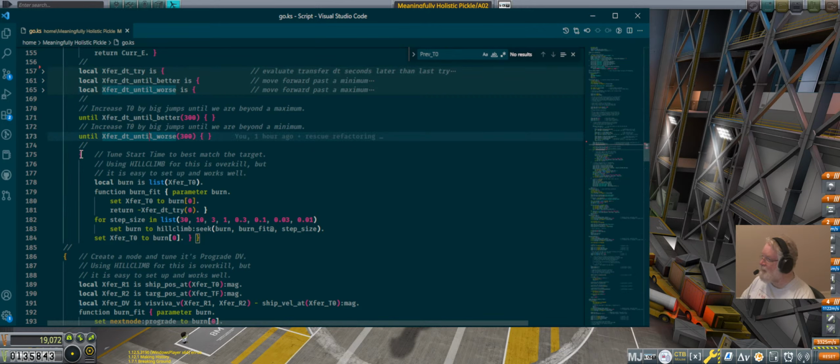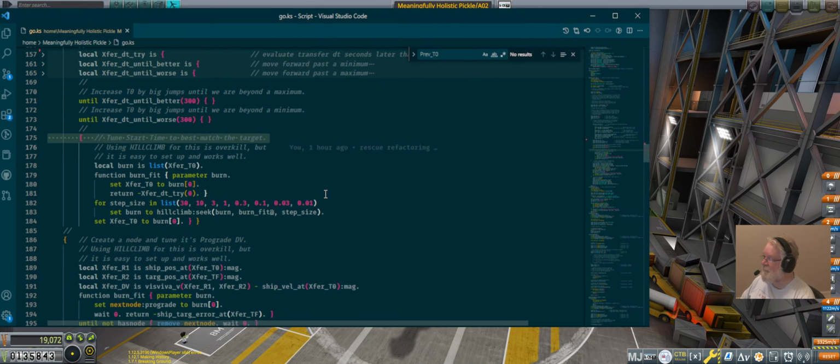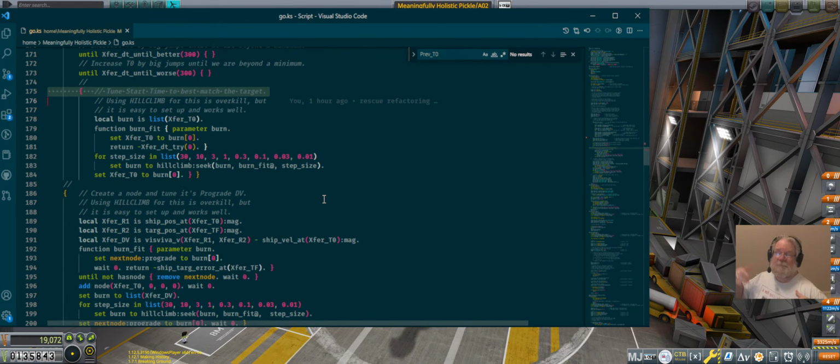And the important thing is that when we get here, we have an initial time and an initial target radius that nail down what our orbit is going to be, such that when we hill climb the time, we're going to find an optimum which is far enough in the future that we can handle it.